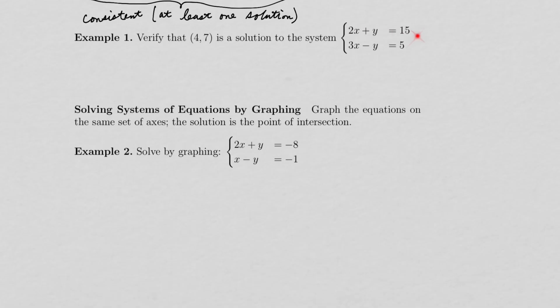So here's my system of the two linear equations, and I want to see whether 4, 7 is a solution to that system. So to check this, remember the first value is going to be our x, the second is going to be our y. Plug that ordered pair into both equations, and it must be true for both equations. Then it will be a solution. If it's only true for one of them or for none of them, then it's not going to be a solution.